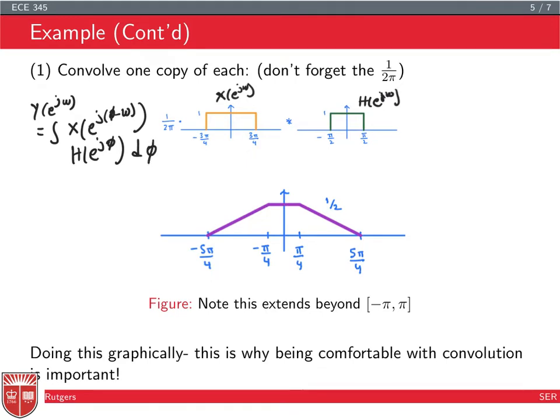And don't forget the 1 over 2 pi, and the integral is only over an interval of length 2 pi, so I'm going to do the integral from minus pi to plus pi.